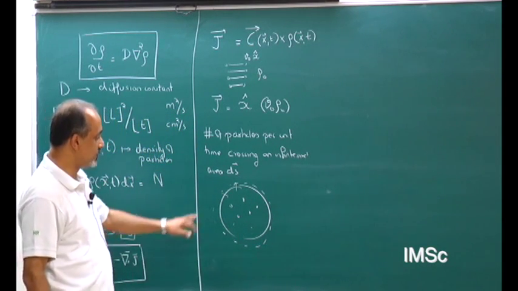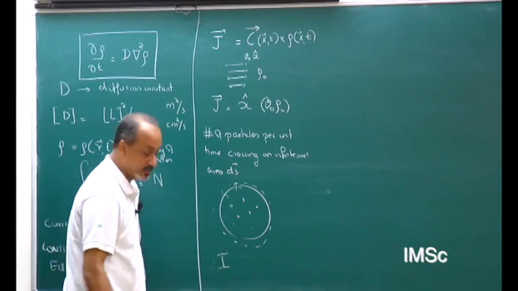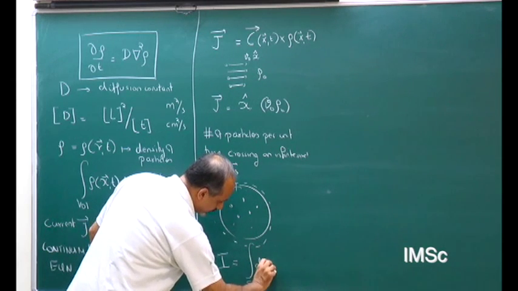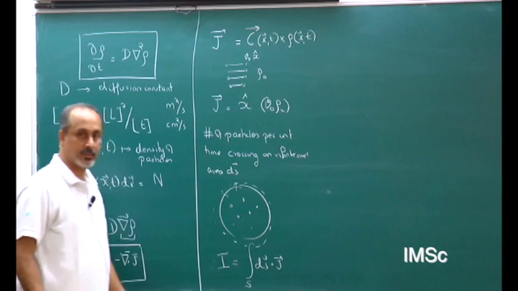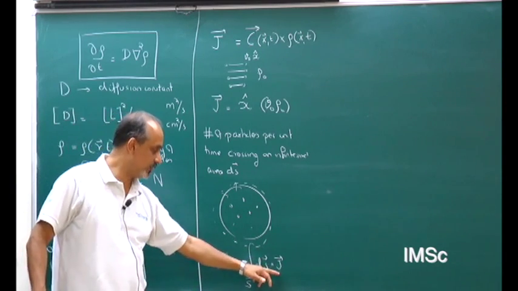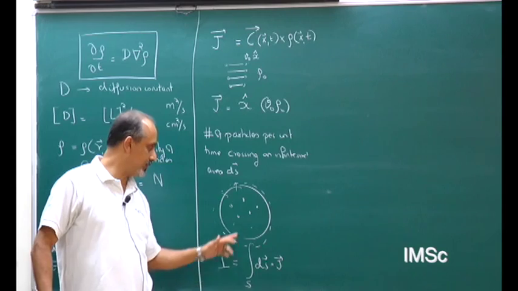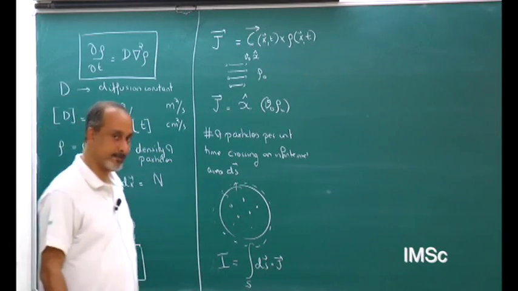So then we said that the total number of particles leaving the surface per unit time would be given by an integral over the surface dS dot j. By dotting it with the surface, this now becomes a number per unit time. So this is the number per unit time of the change across this particular surface. Okay.